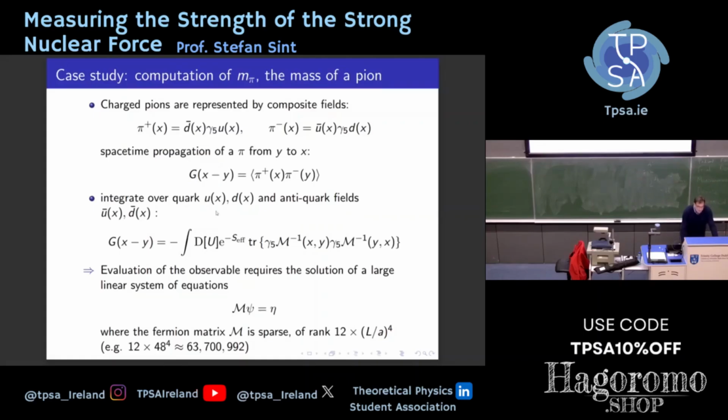Then the observable that you get for this operator now depends on the fermion fields.